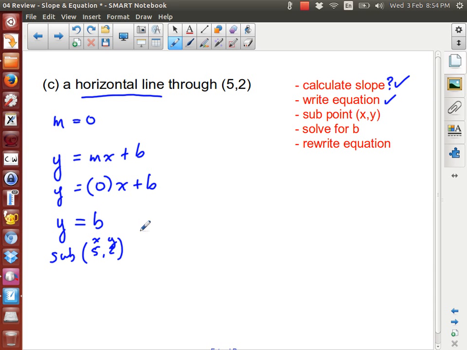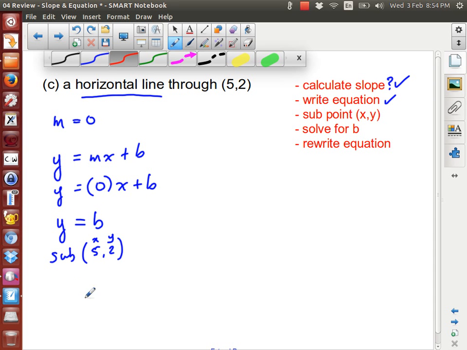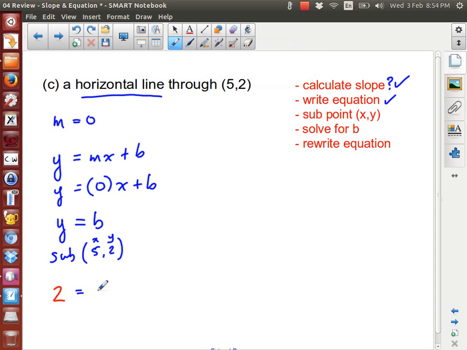There's my x value, there's my y value. The y value is 2 equals b, but I don't actually have anywhere to put the x value. I only needed the y value here. And by doing that, I did solve for b.